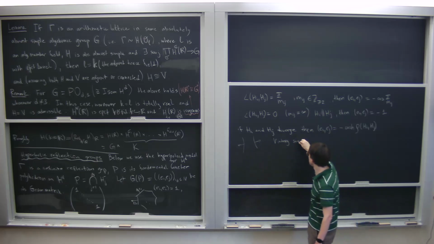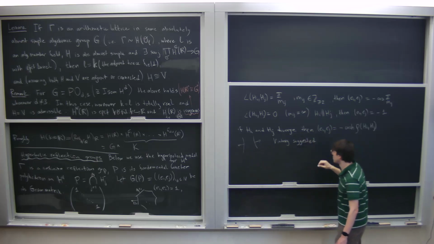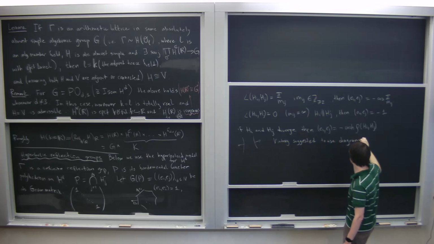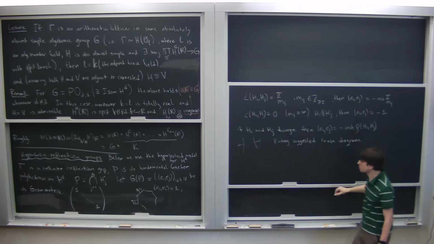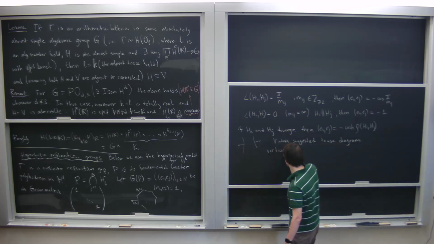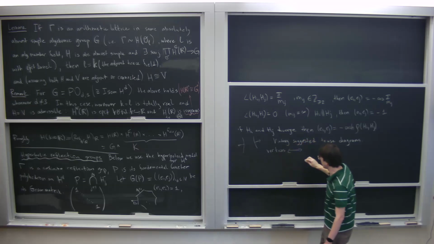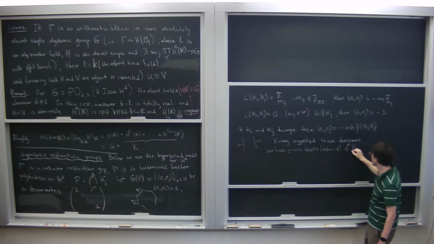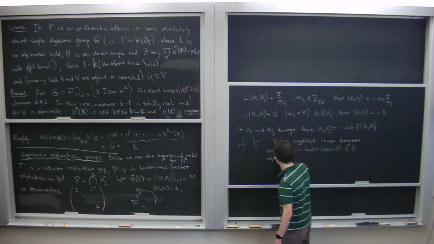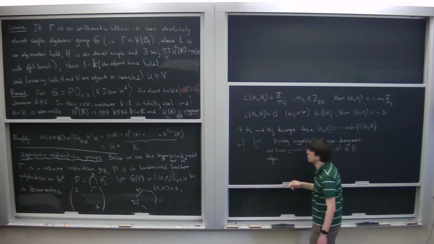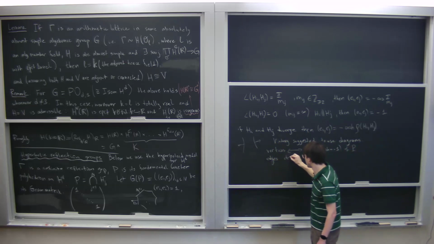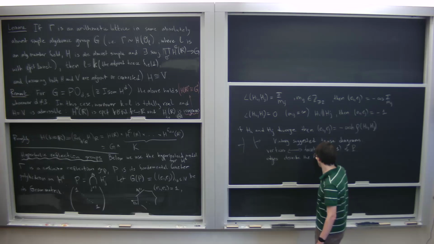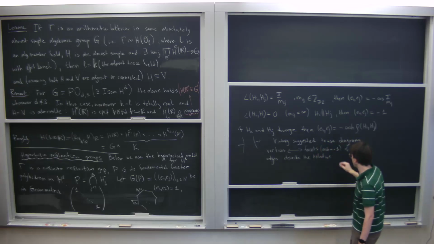So what Vinberg suggested is the following: to use diagrams where vertices are in one-to-one correspondence with facets of codimension 1, codimension 1 faces of P, and edges describe the relative behavior.